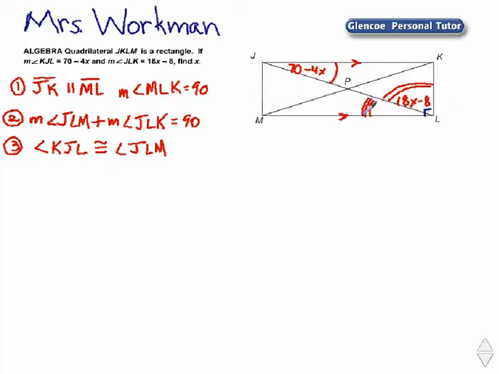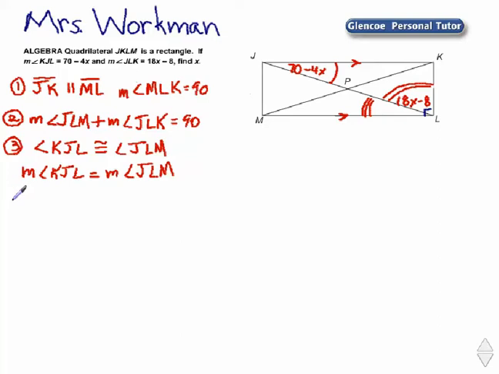They are congruent because we have a pair of parallel lines cut by a transversal, and those two angles are alternate interior angles. And we know that alternate interior angles of parallel lines are congruent. If that's the case, then we know too that the measure of angle KJL is equal to the measure of angle JLM.